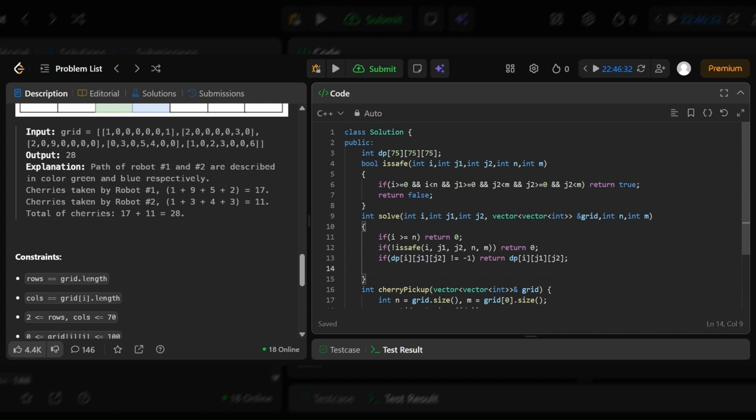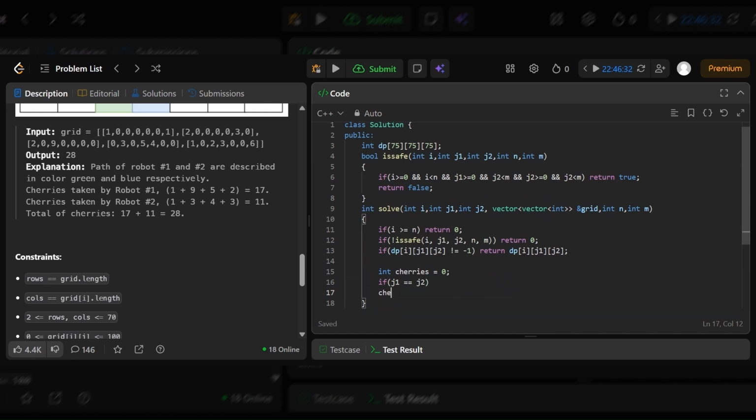Cool. Now we have cherries. Let's say our cherries are initially 0. Now, if your j1 is equal to j2, means you are at the same i. Of course, you are at the same row. But if you are at the same column also, then your cherries would be taken only once, which is grid i, j1.